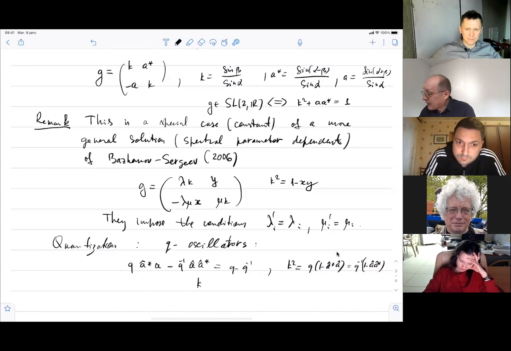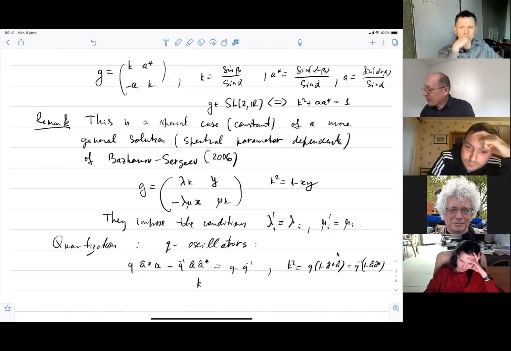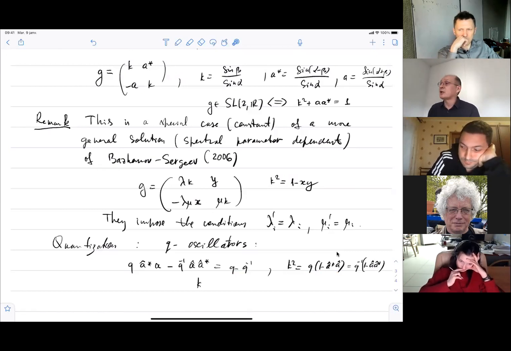K, if you want, you can think of just this algebra, which defines the element K. But you see, it is required that K be invertible. Then you have to avoid A star A equal to 1. But if it is not equal to 1 and Q is a real deformation parameter, then you can define K as an operator square root of the right-hand side and so on.